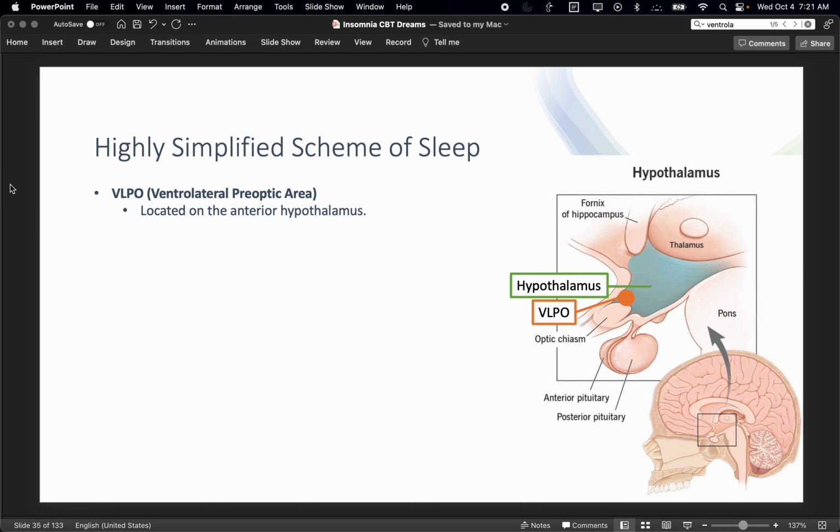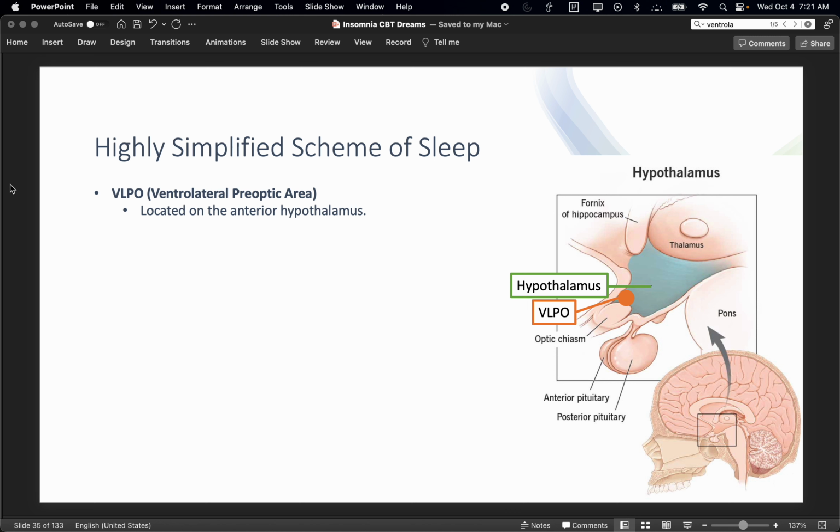The VLPO is a set of neurons, nuclei, located in the anterior hypothalamus, toward the face of the person. It's just above the pituitary gland and definitely below the thalamus.